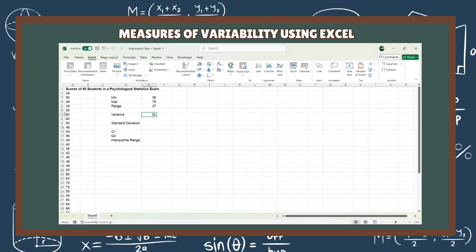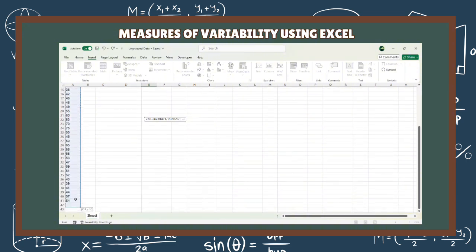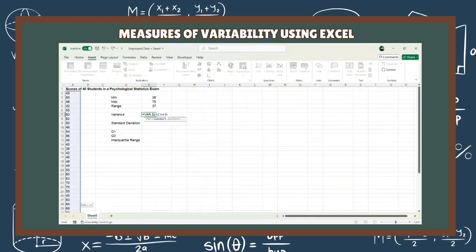Now to calculate the variance, type equals var.s, here the sample, and then highlight the data, press enter.